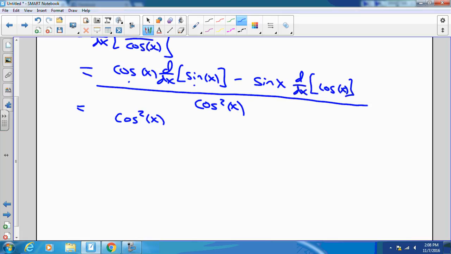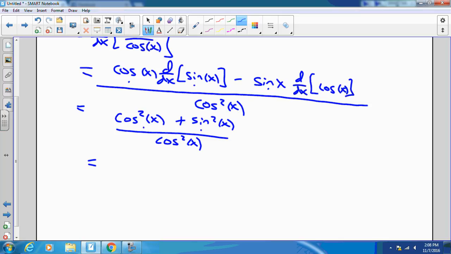But now something wonderful happens, because the derivative of sine is cosine, times another cosine. And the derivative of cosine is negative sine, times another negative sine. Positive sine squared x.